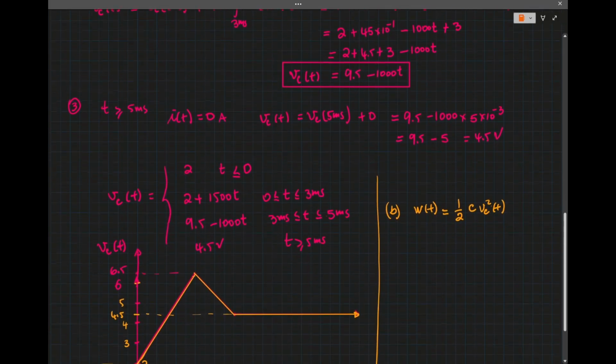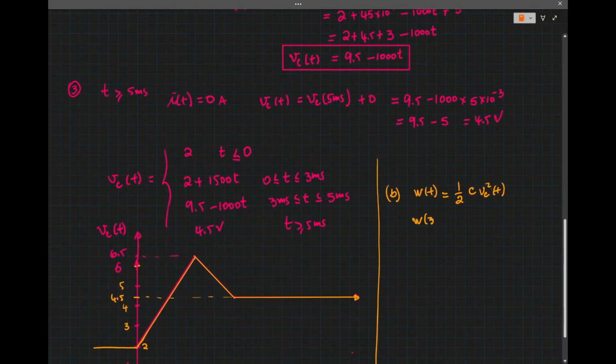So the energy at 3 milliseconds is 1/2 times the capacitor value, which is 10 to the -5, and VC at 3 millisecond square.